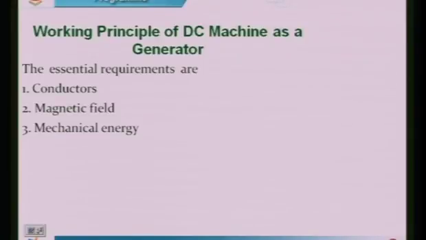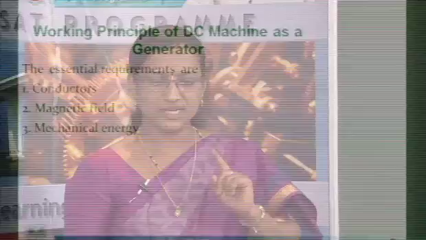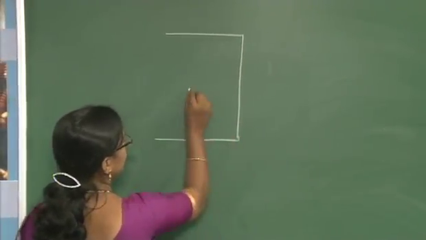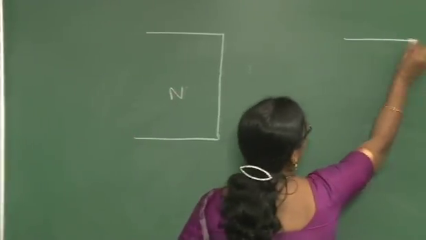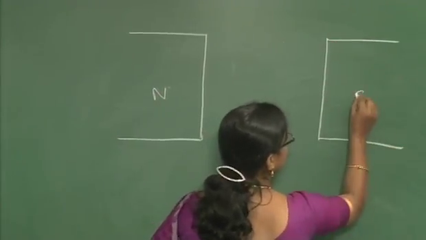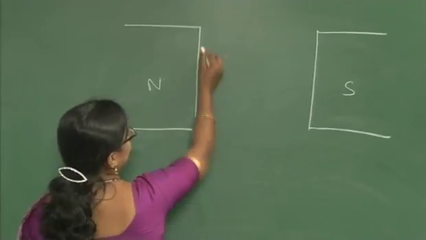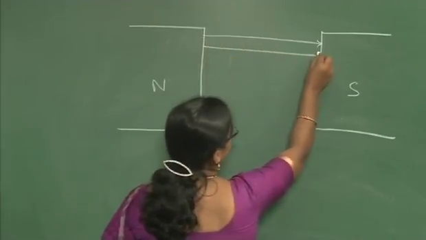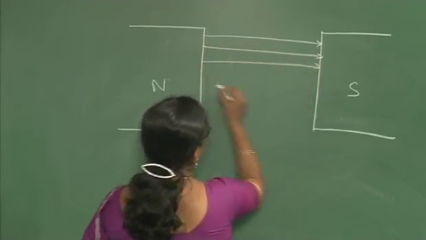The generator converts mechanical energy into electrical energy. Now I will take an example and explain how the magnetic field is produced, and how we use the conductors and magnetic field to induce the EMF. There are two poles, north and south. The flux lines start from the north pole and enter the south pole like this.